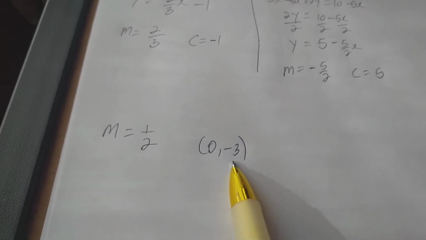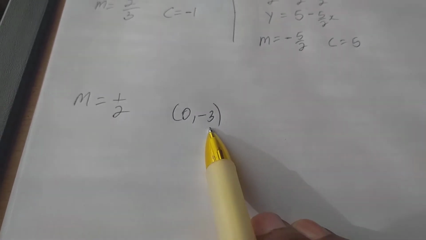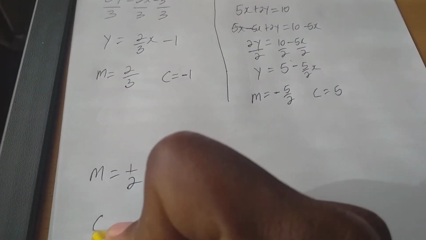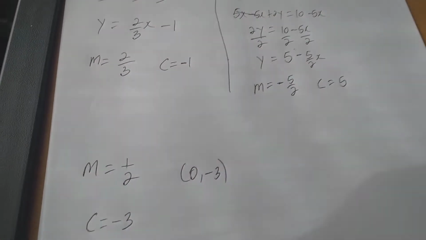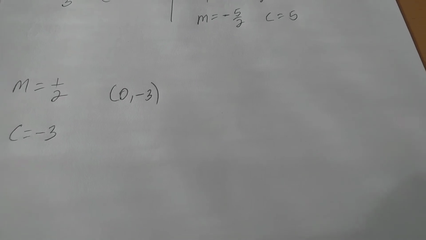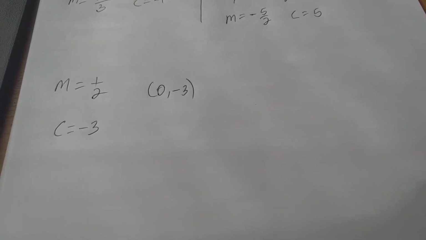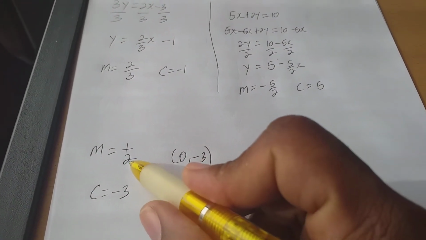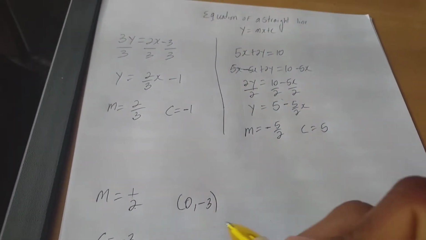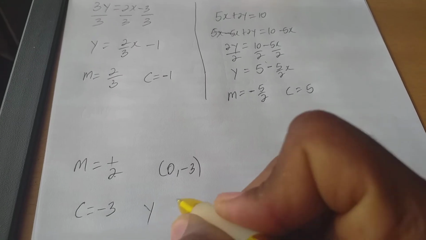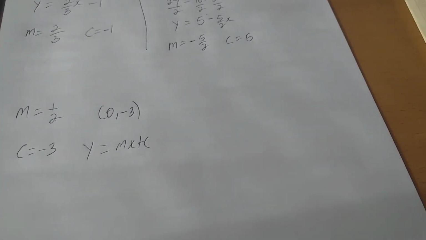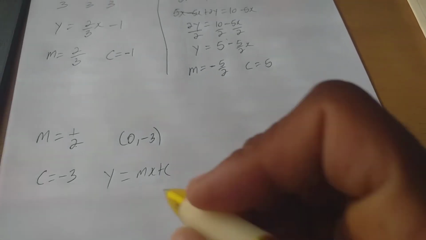The fact that this point is on the y-axis and the line passes through it means that the y-intercept c is equal to -3. So then if I have my gradient and my y-intercept, the general form is y equal mx plus c.